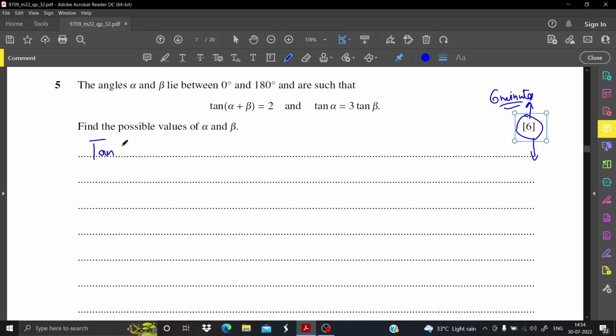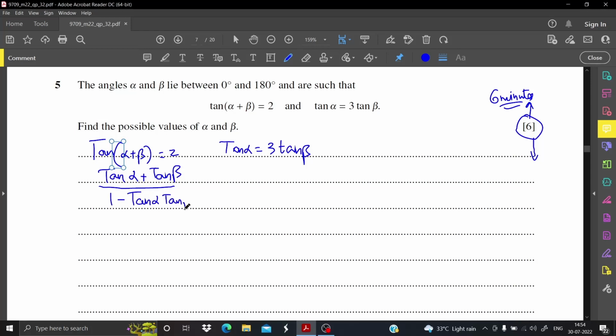Right? So tan of alpha plus beta is given as 2, and tan alpha is 3 tan beta. What is tan of alpha plus beta? Here we're going to use the compound angle formula for tan of alpha plus beta. The compound angle formula for tan is tan A plus tan B by 1 minus tan A tan B. So here it is tan alpha plus tan beta by 1 minus tan alpha tan beta equal to 2.